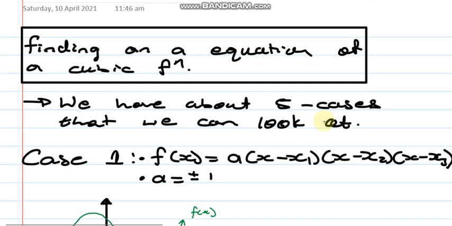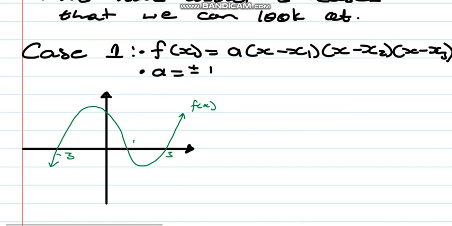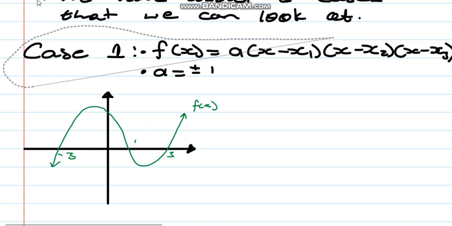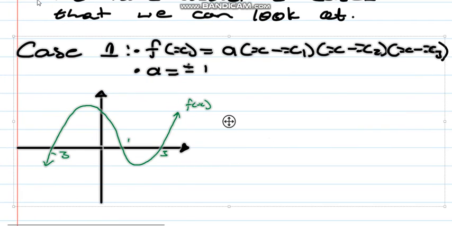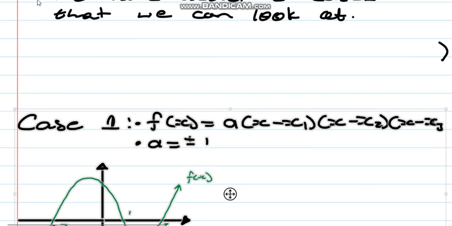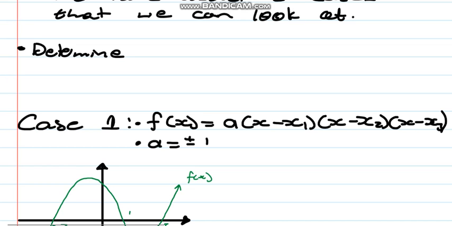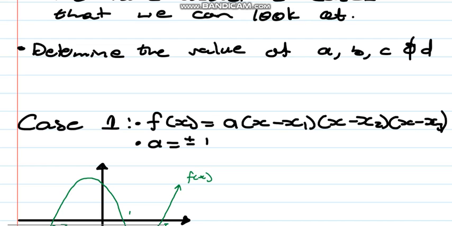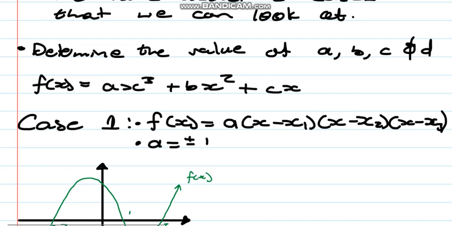Before we go into depth on case 1, I want us to note that here we are attempting to determine the value of a, b, c, and d in the equation f of x is equal to ax cubed plus bx squared plus cx plus d. That's what we're trying to do.